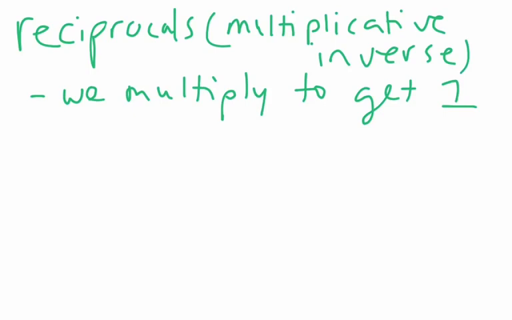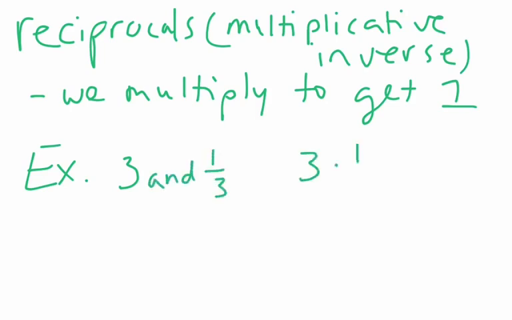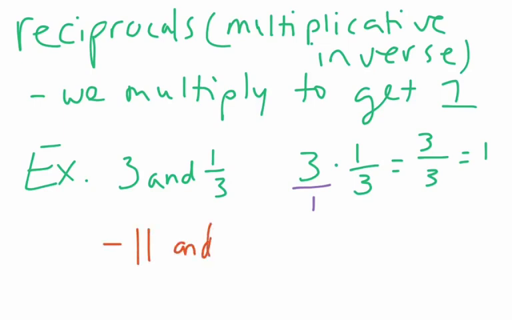So examples of reciprocals would be like 3 and 1/3, because if I do 3 times 1/3, multiplying my fractions, I'd go straight across. 3 times 1 is 3, and 1 times 3 is 3, and we get a 1. Or if I had, say, the number -11, and I flipped it over, -1/11, and when I multiply those, a negative times a negative would give me a positive, and 11 over 11 would give me 1.